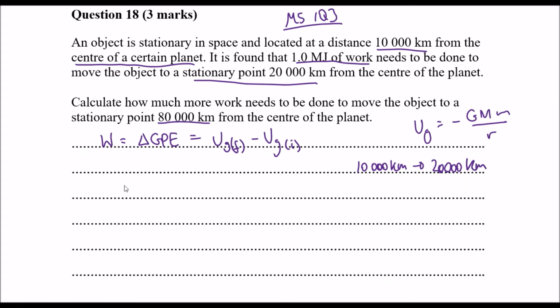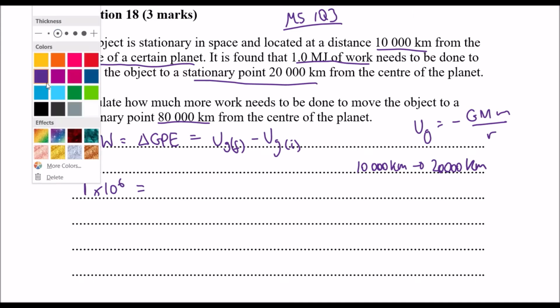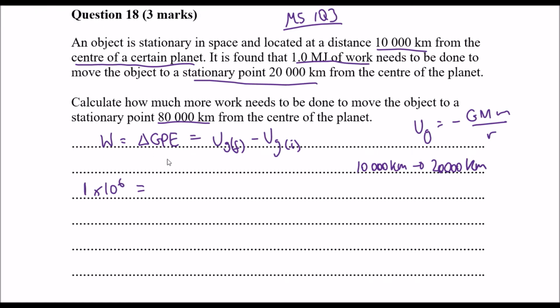So the amount of energy used is this value here. It'll be negative GMm over the final position, which is 20,000 kilometers.